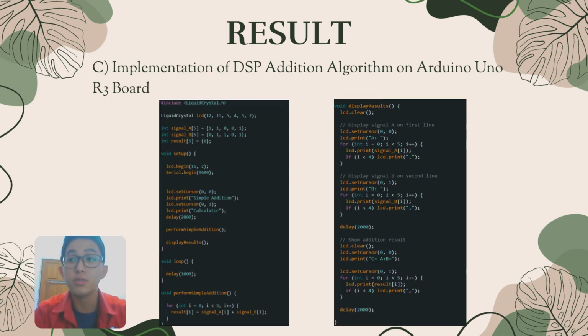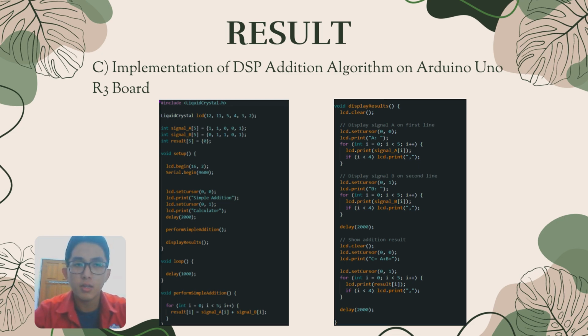My name is Rowicat, matric number AE220058. Now I'm presenting the coding we wrote in the Arduino IDE. First, we define the input signals A and B, and also the range for our output signal C. Then we ask the LCD screen to show the words simple addition calculator.